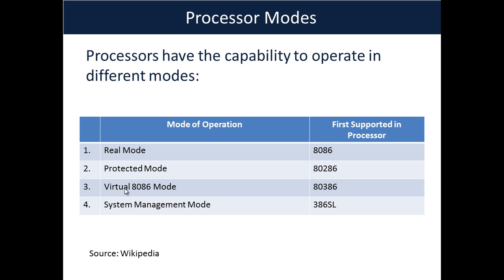The whole idea is to run code from some sort of firmware or hardware device. We'll not be discussing this in much depth. Later on, when we talk about rootkits, probably in another video series, we may talk about SMM level rootkits, right? So, 4 different operational modes. For our discussion, we will primarily look at real mode and protected mode.